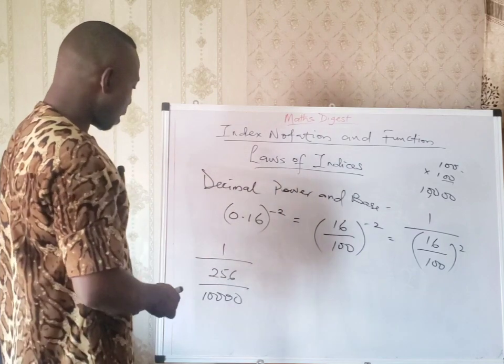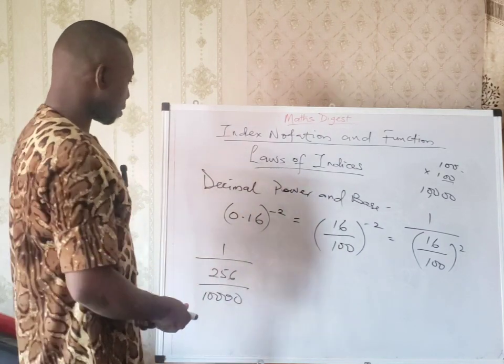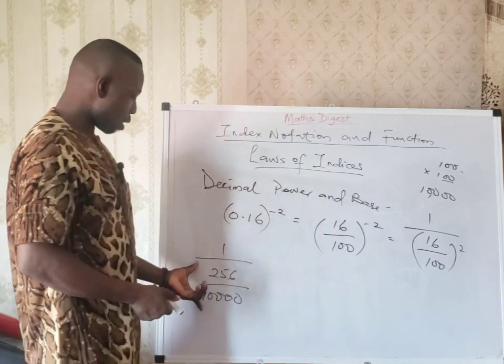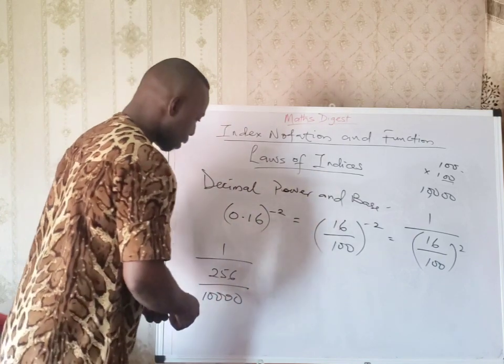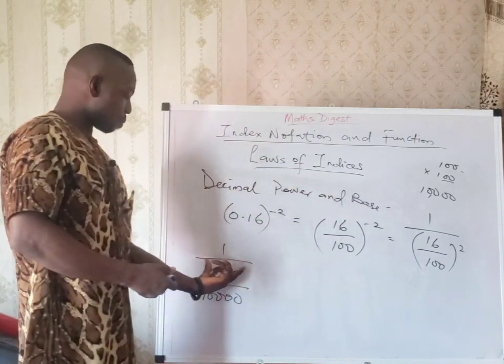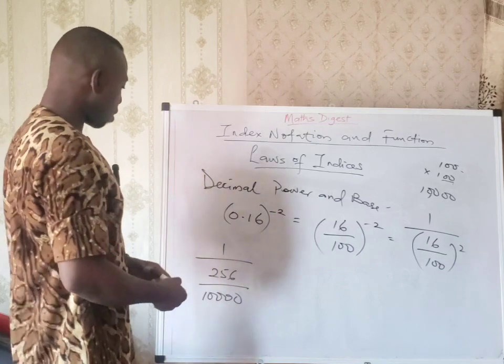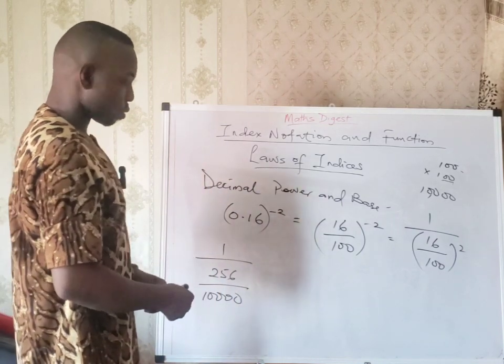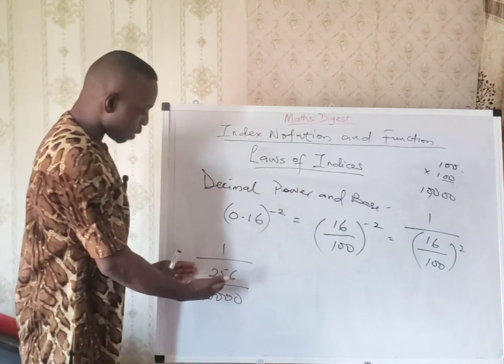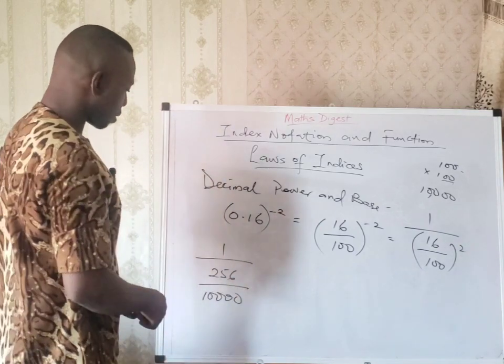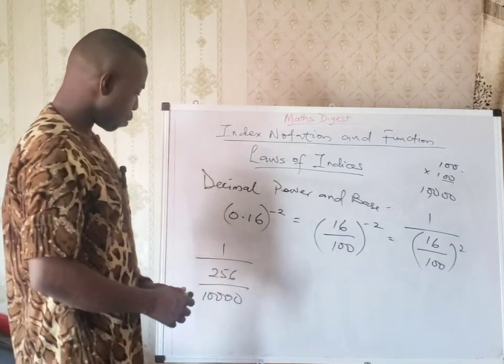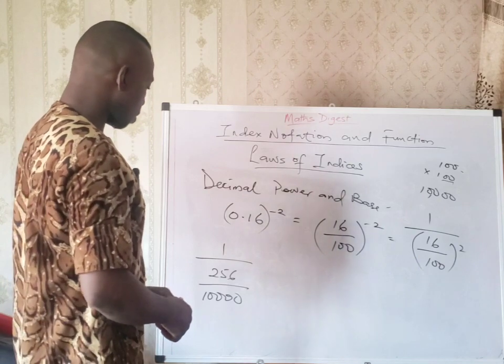Now from here you are going to take the reciprocal of this number again, so that this 1 over will go, or you can simply reduce it first. Whichever way you want to go about it, you can actually do that.